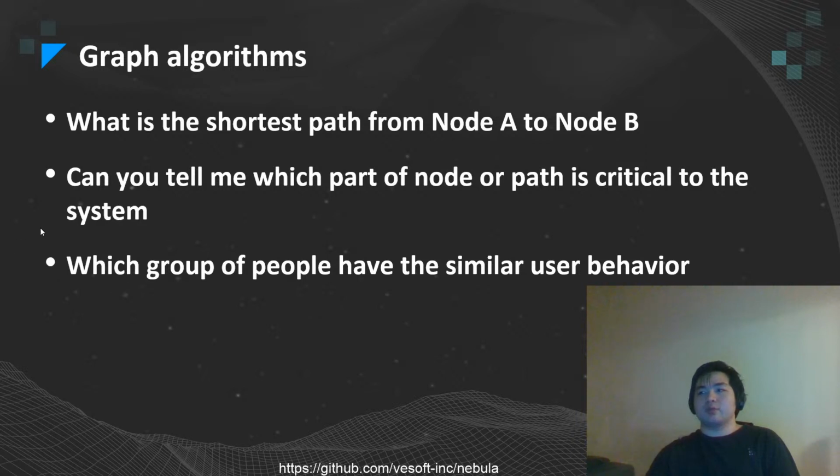If you want to find such a path in a really complicated graph, you may use graph algorithms and store the data in a graph database. Or if you want to solve the graph clustering problem, to find users who have similar preferences, you can use graph algorithms in the graph database as well.